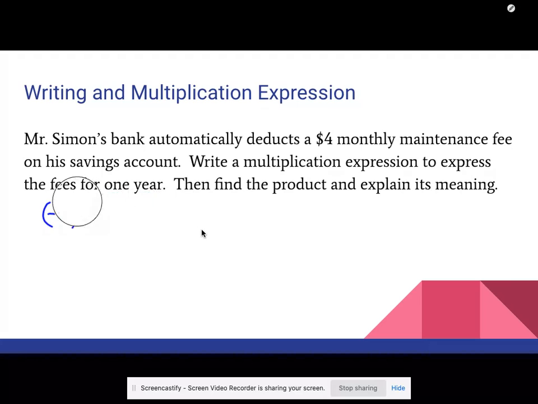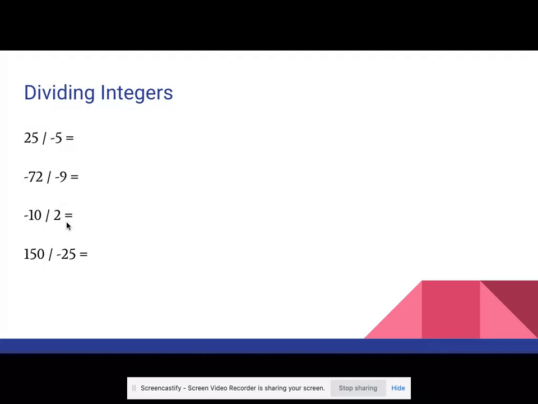Going on to the next piece, dividing with integers, we need to make sure that, again, we're following the correct rules. Positive and negative, I know I'm going to get a negative answer. And then 25 divided by 5 is 5. Negative, negative means I'm going to have a positive answer. So negative 72 divided by negative 9 ends up being positive 8.